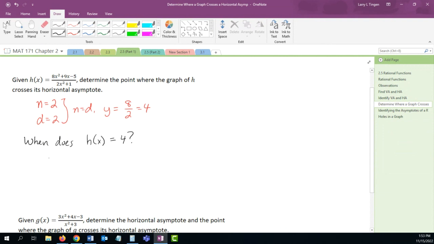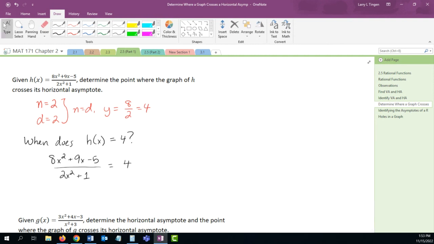Well, h of x is the rational function 8x squared plus 9x minus 5 divided by 2x squared plus 1, equals 4. And then I solve that. All right.